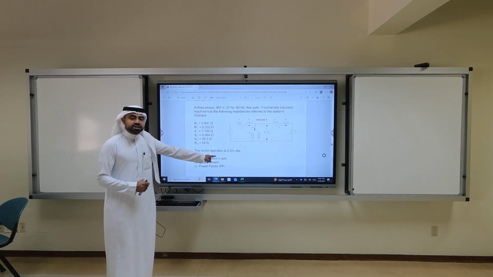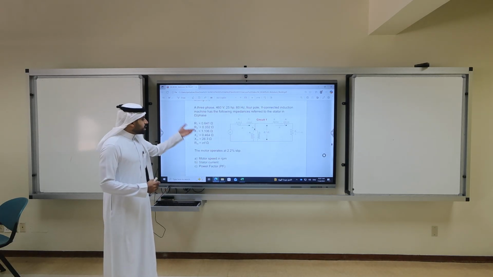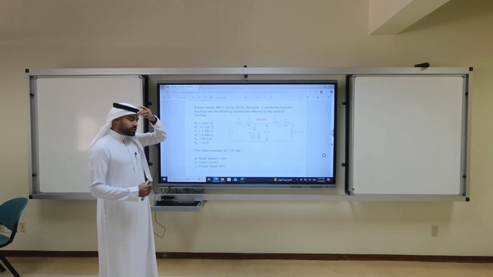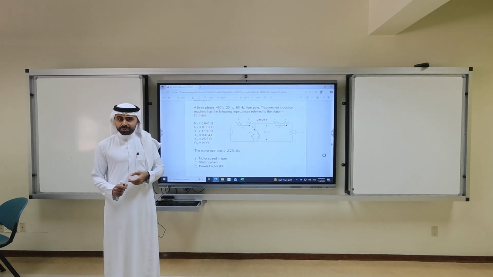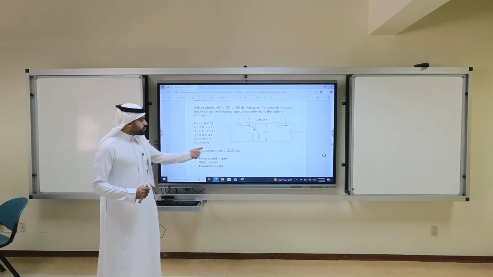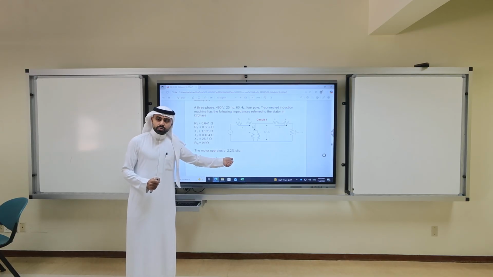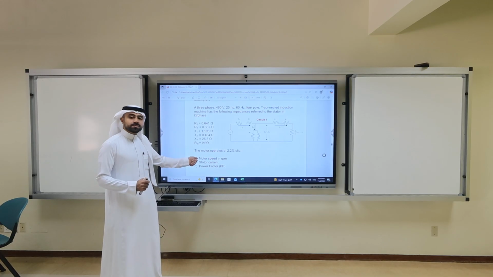And how to get the motor speed? Get the N_m, which is N_sync, 120 f over poles, and then times (1 minus the slip), 1 minus 0.022, and you will get the motor speed.